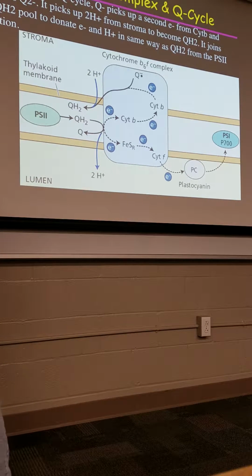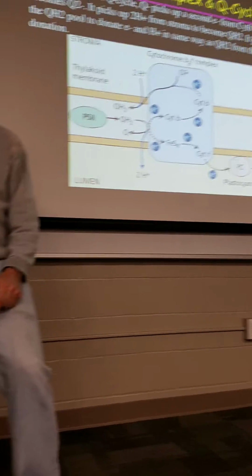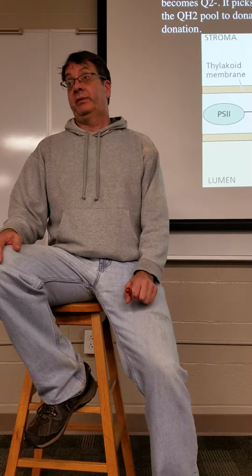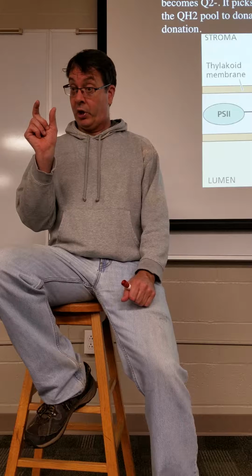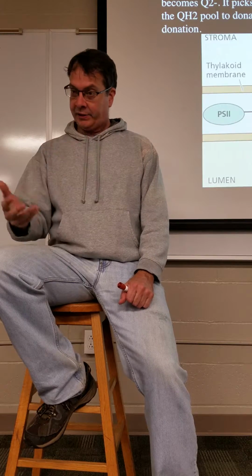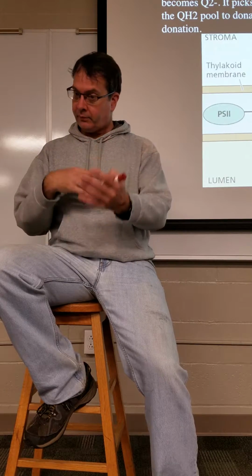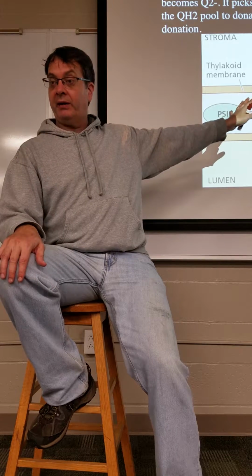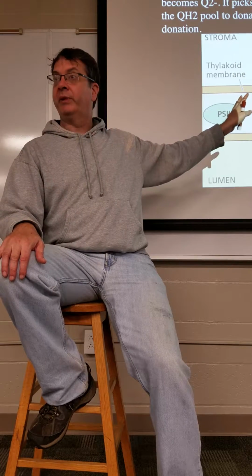And the reason is that over the distances that we're talking about, quinone can move into and out of cytochrome b6f complex and throughout the thylakoid membrane in microseconds. The distances are very, very small, and quinone is a very small molecule. So in the scale of a thylakoid, it diffuses extremely fast.